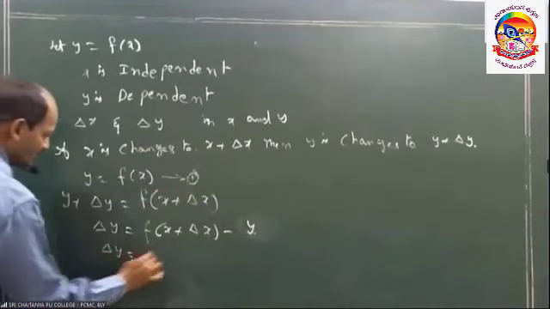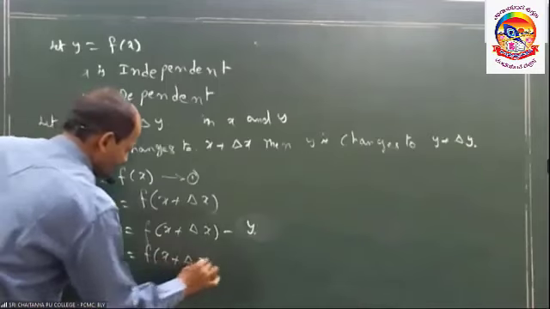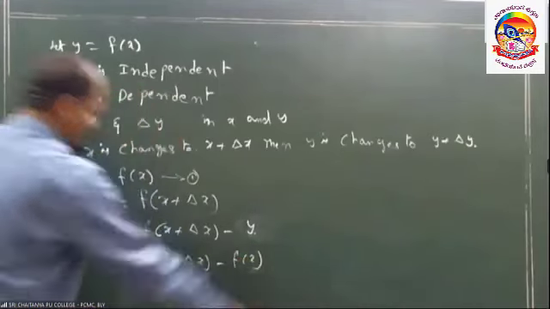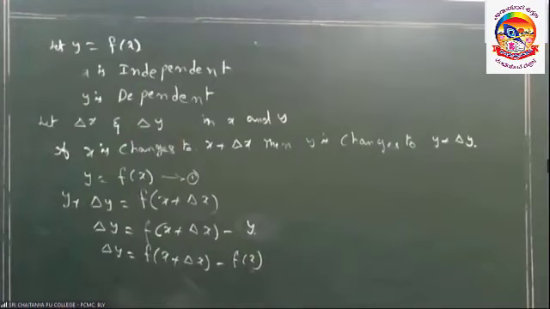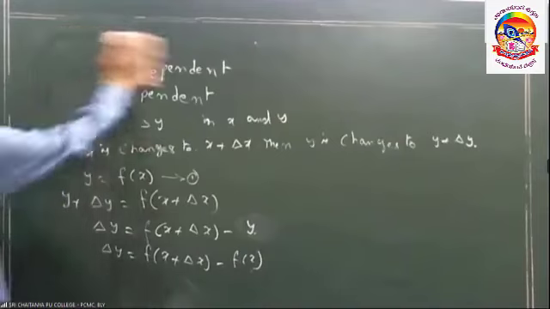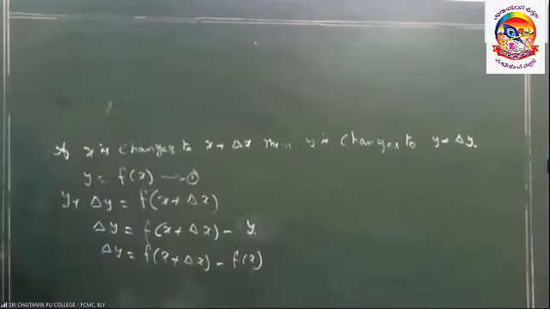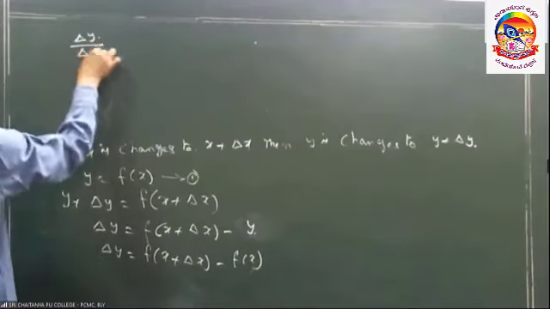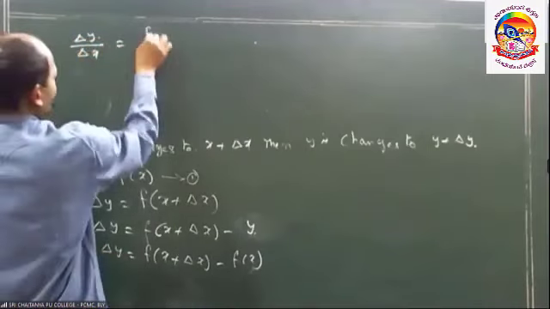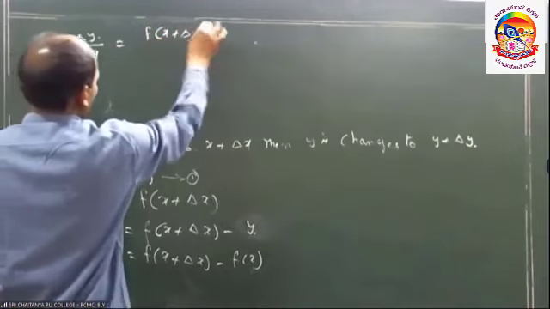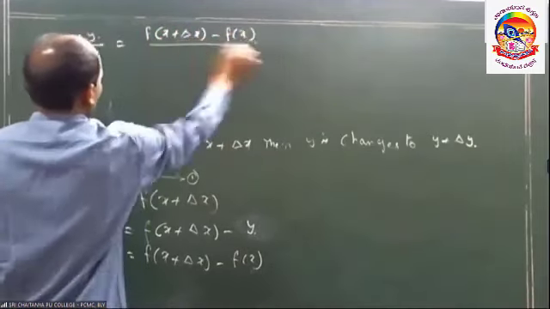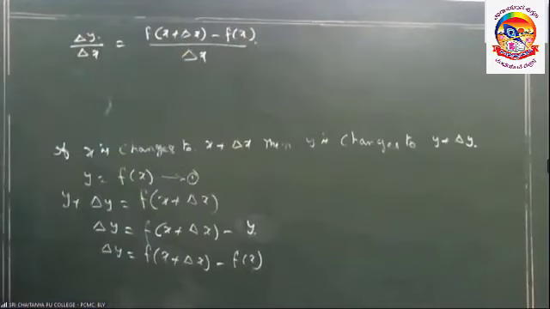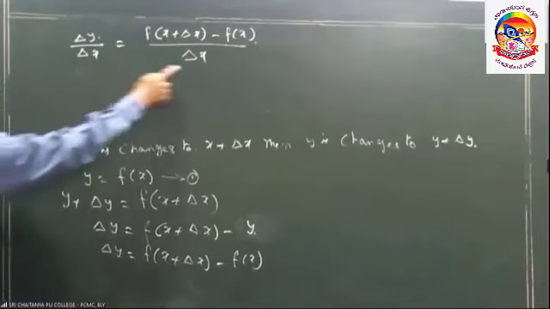Then dividing both sides by delta x, we get delta y by delta x is equal to f of x plus delta x minus f of x, divided by delta x.